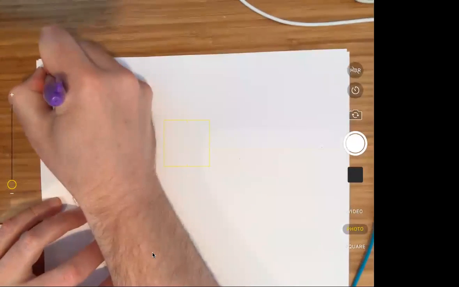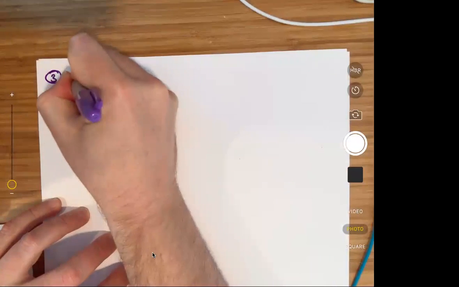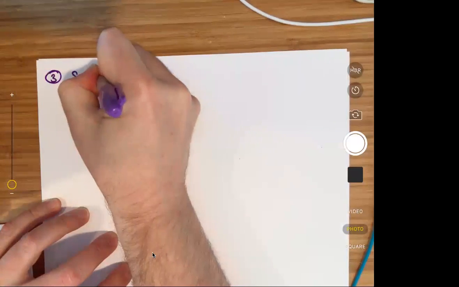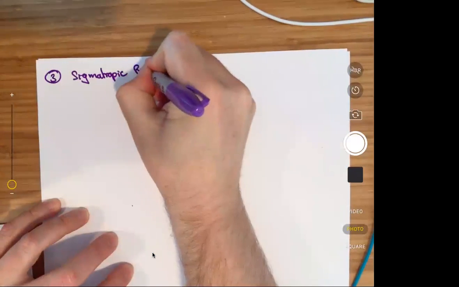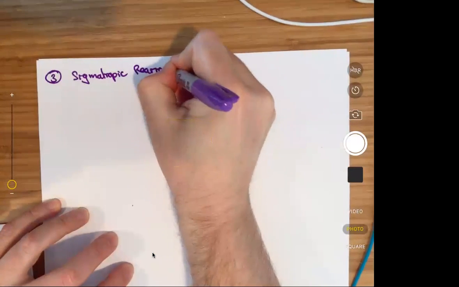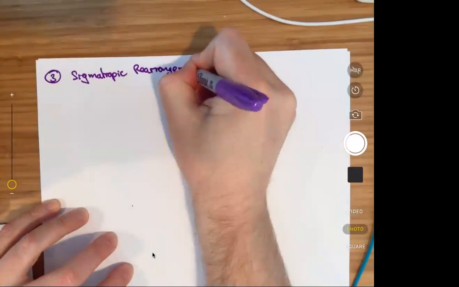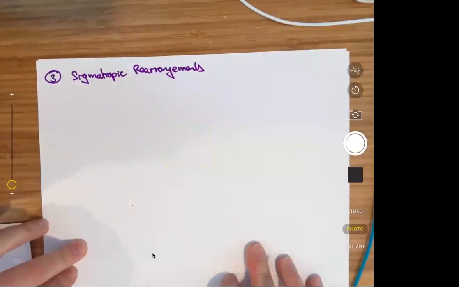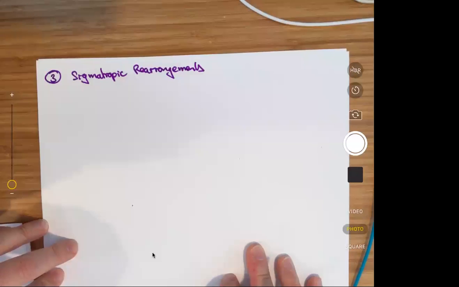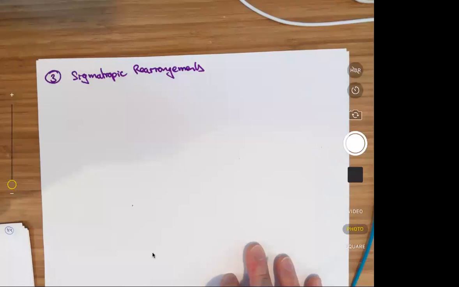So this is the third class, sigmatropic rearrangements. And the key here is that you have essentially a sigma bond that moves around a conjugated pi system.